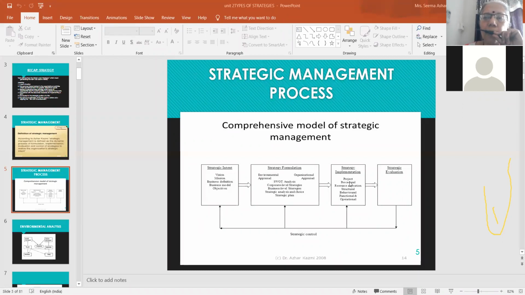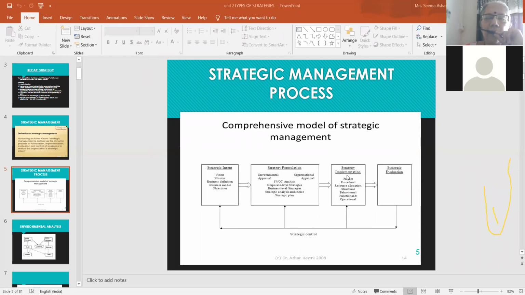As the implementation goes on, you need to evaluate your strategy. That means you need to find out whether the strategy which is being implemented is according to the plan which you had earlier made. If not, then you have to take corrective action through strategic control. So, this covers your whole model of strategic management.